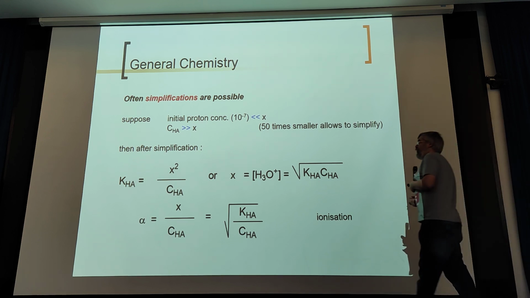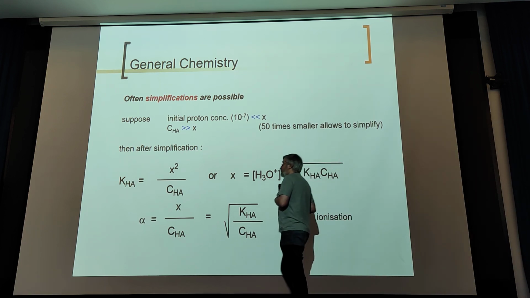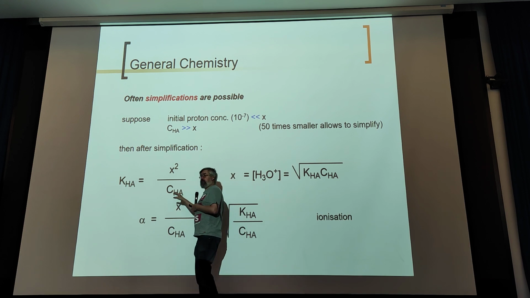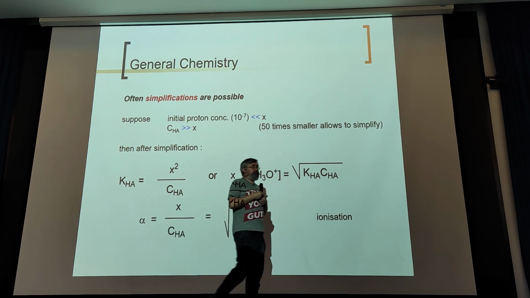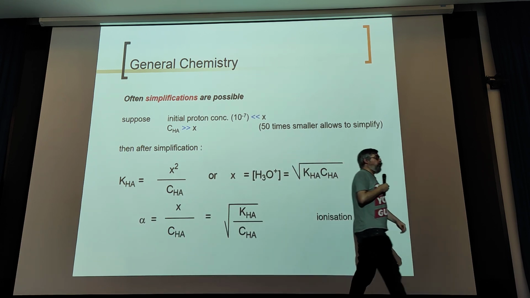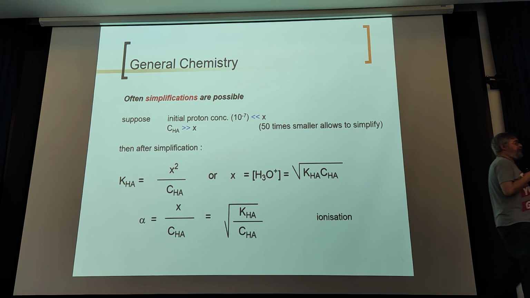So now we have just x squared divided by the concentration of HA. We bring everything to the same side, so that's the product of the concentration with the equilibrium constant. That's x squared.